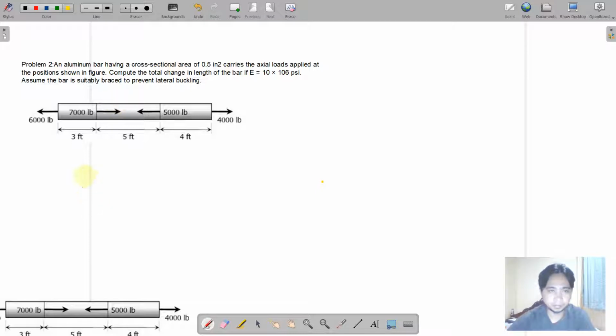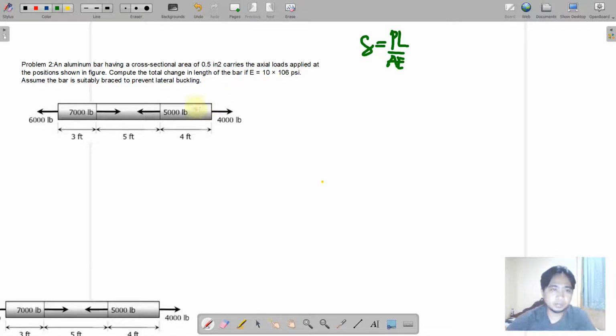So again, we're going to use the principle of axial deformation. We have delta is equal to PL over AE.